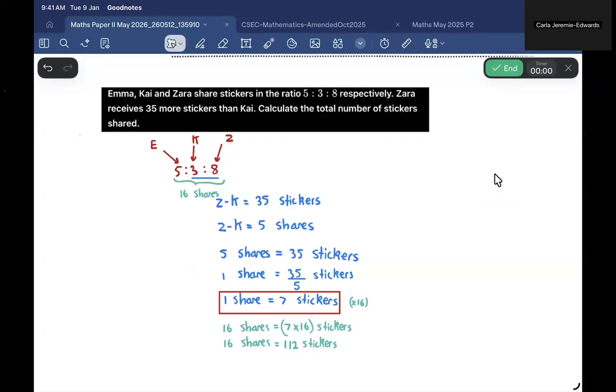After that, they also stated Zara received 35 more stickers than Kaya. So because Zara received more than Kaya, you put Zara minus Kaya equals 35 stickers, because she got 35 more than Kaya. Perfect. You're going real good so far.